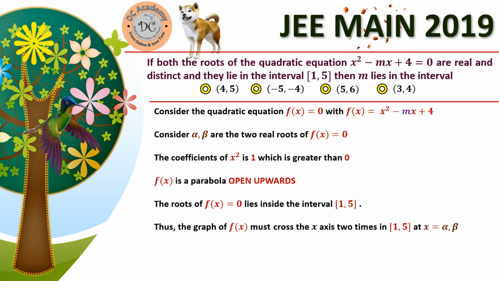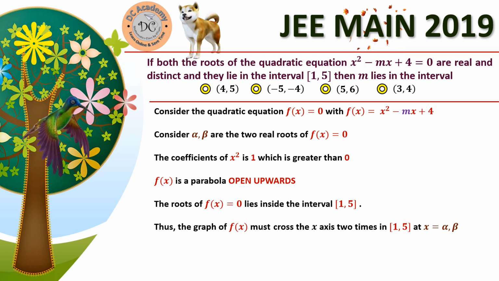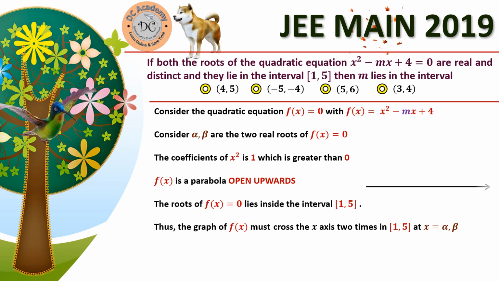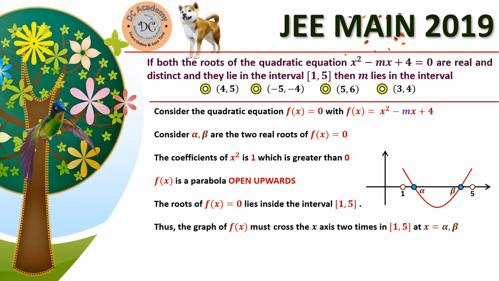As alpha and beta are the roots, it crosses the x-axis at x equal to alpha and x equal to beta, and these two must lie inside the interval 1 to 5. So let's try to sketch the graph. First we consider the x-axis and y-axis, mark the points 1 and 5, and then we draw a parabola opening upwards. Wherever it crosses the x-axis, those will be the roots alpha and beta.